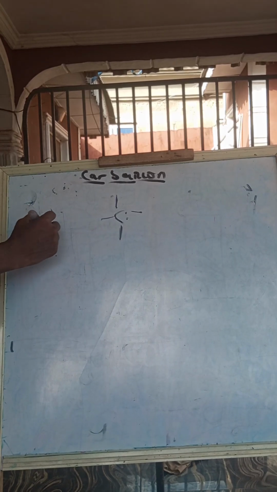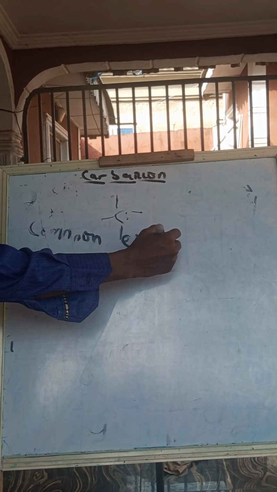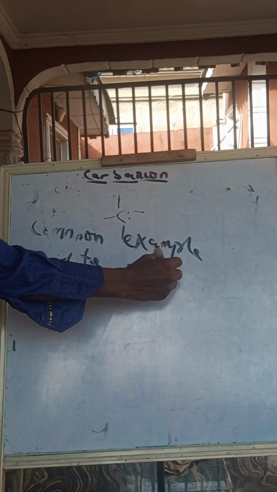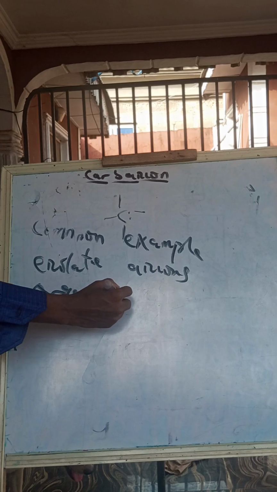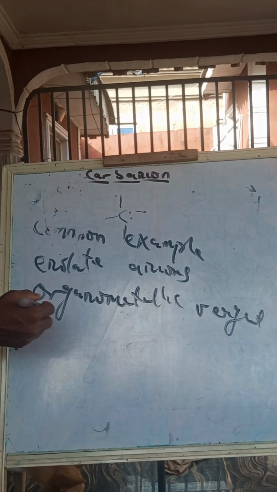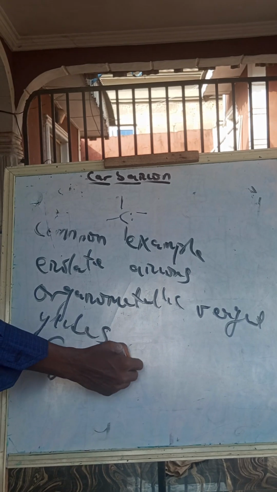Now the next one is, we need to discuss some common examples. The first one is our enolate anions. The next one, we talk about our organometallic reagents, our halides and our cyanides.